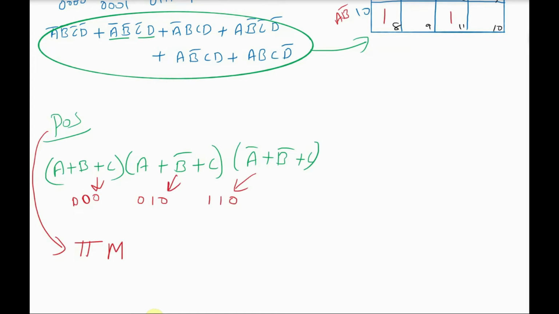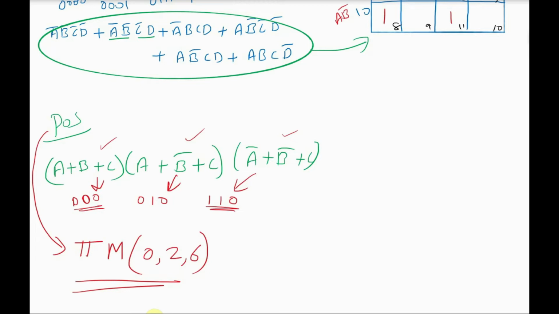That is A plus B plus C is one maxterm, this is another maxterm, this is another maxterm. Product of maxterms 0, 2, 6: 000 is 0, 010 in decimal is 2, 110 is 6. So this is how maxterms are represented. Whenever you see pi or capital M, it is a POS expression.